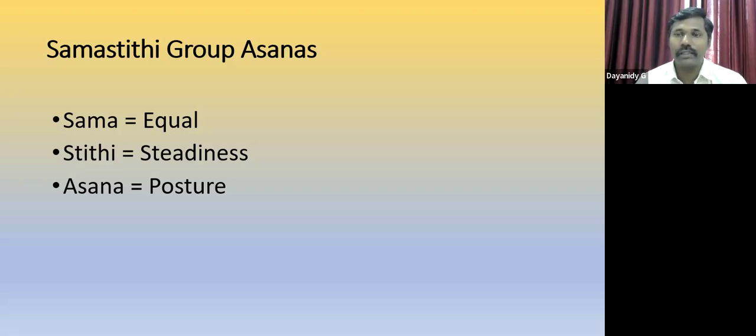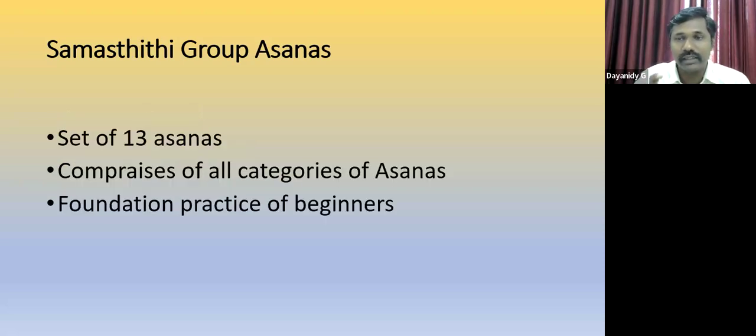This group consists of 13 asanas, and it includes all categories of asanas. Formally, we can divide the asanas into 5 main categories: forward bending, backward bending, hand balance, twisting, leg balance, and topsy-turvy.